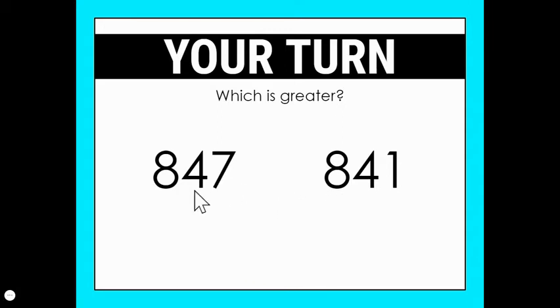So then you had to move to the tens. This one has 4 tens. This one has 4 tens. So then we had to look all the way down at the ones. This number has 7 ones. This number has 1 one. So we finally know which one is bigger. The one with 7 ones is bigger. So hopefully you have your sign opening up to the bigger number. And we would read this as 847 is greater than or bigger than 841.